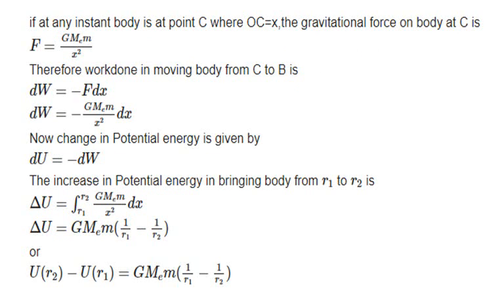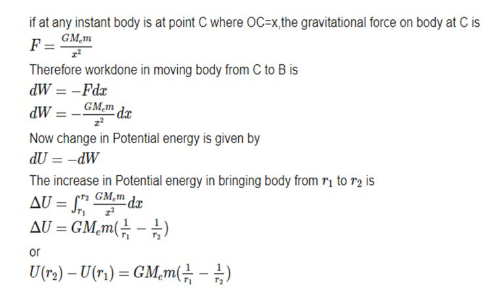If at any instant the body is at point C where OC is x, the gravitational force on the body at C will be given by G Me into small m, the mass of the object, divided by x square. Therefore, work done in moving the body from C to B will be dW equals minus F dx. Put the value of F here.